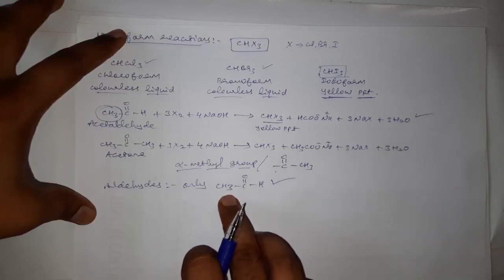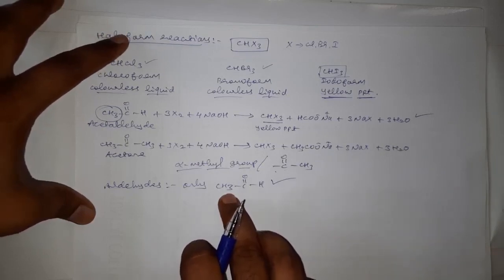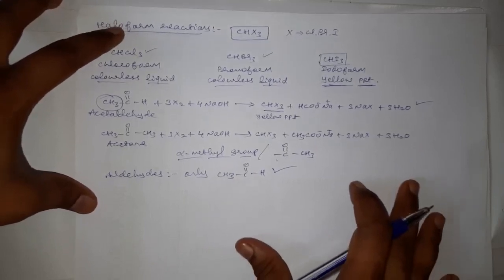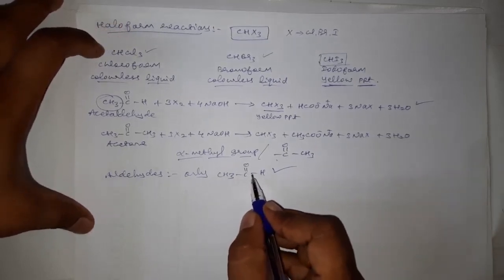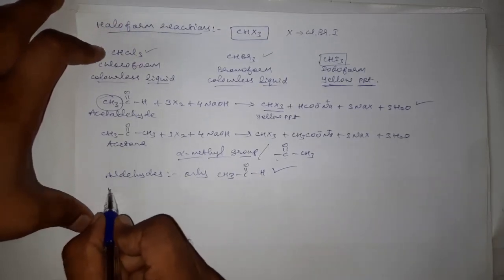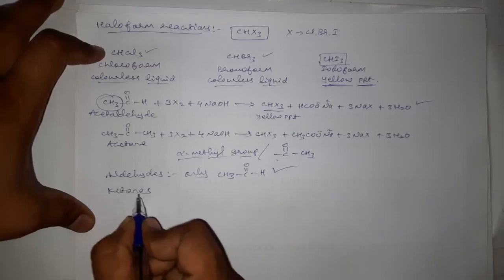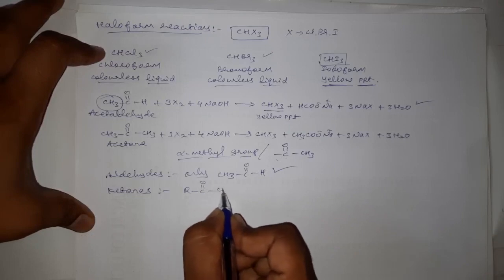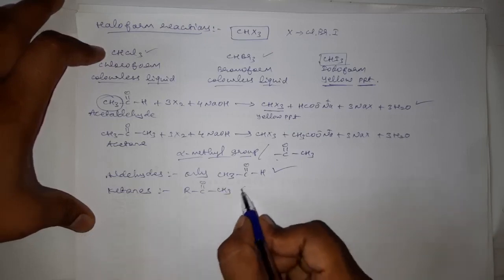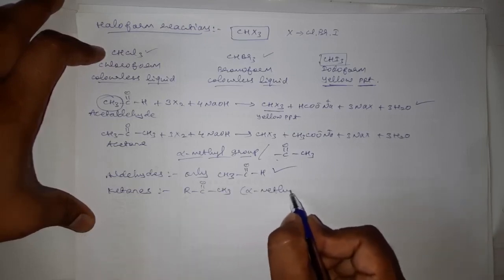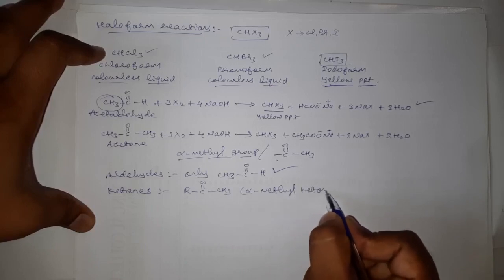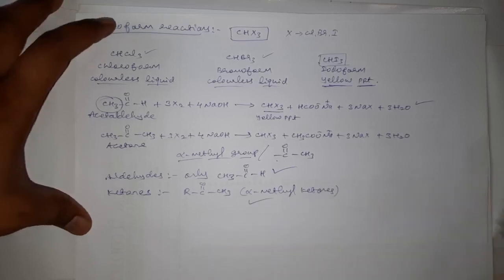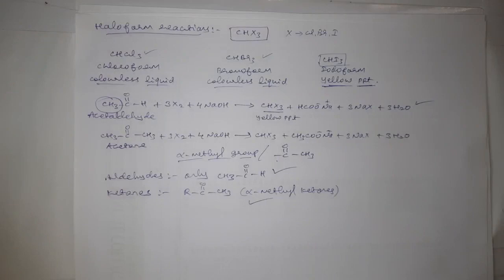The presence of this alpha methyl group is a must to show a haloform reaction. Therefore, only this aldehyde can give a haloform reaction. And coming to ketones, the ketones of the type R-CO-CH3 are called alpha methyl ketones, and alpha methyl ketones can give haloform reactions.